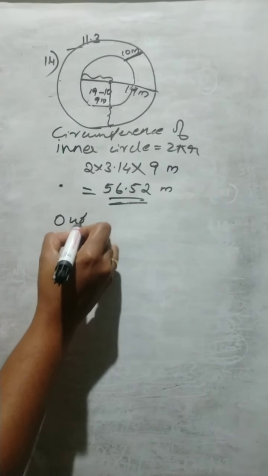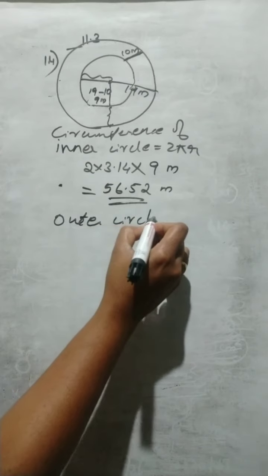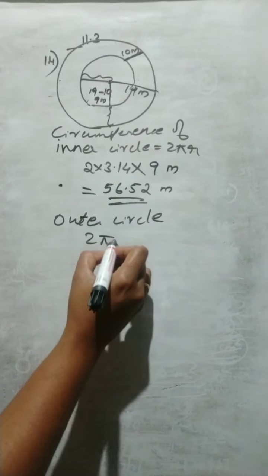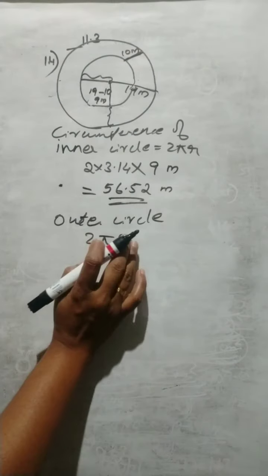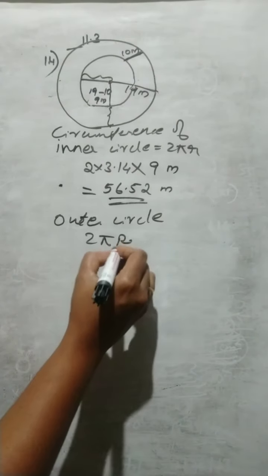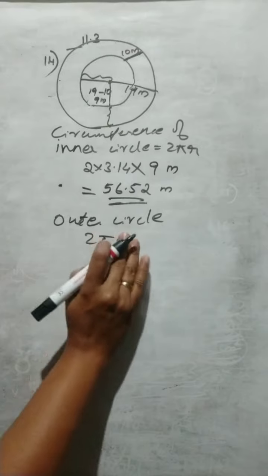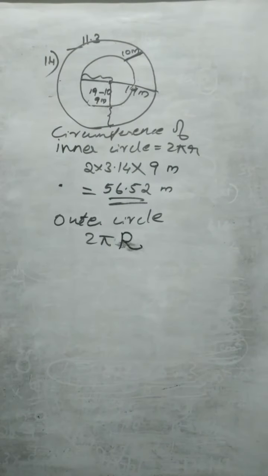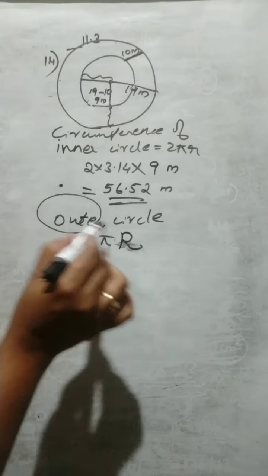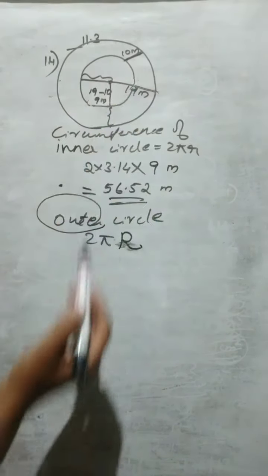Then the outer circle, that is equal to 2 pi capital R. We can give this one as capital R. Anyway, we can use small letter r, but for the outer circle I gave capital R so we don't get confused. That is from here to there.